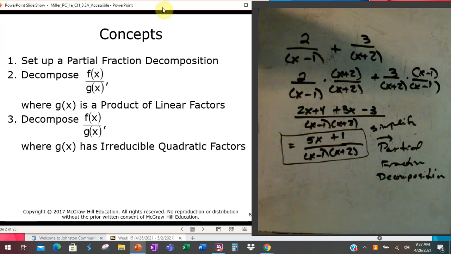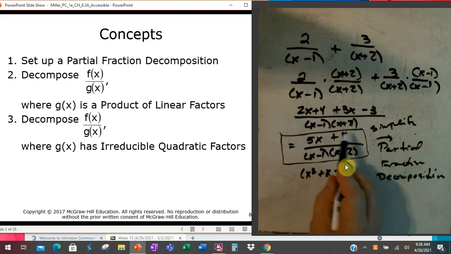For partial fraction decomposition, I'm looking first at a rational expression, some polynomial divided by a polynomial. Here my 5x plus 1 is a polynomial, and the denominator is x squared plus x minus 2, a polynomial over a polynomial.